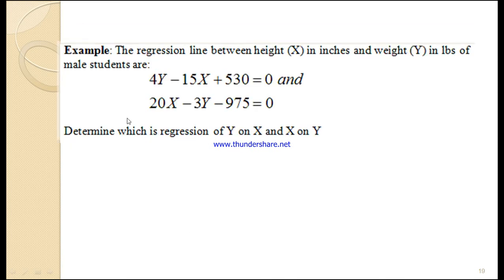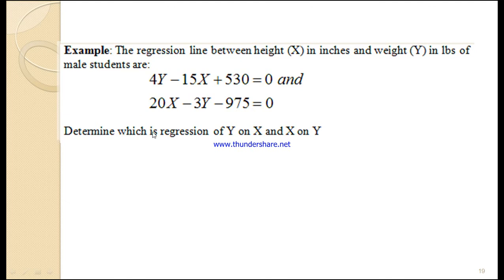Let us deal with one illustration in order to become familiar with the choice of dependent and independent variables. Assume the regression lines between age, denoted by x, and weight, denoted by y, of male students are given as 4y minus 15x plus 530 is equal to 0, and 20x minus 3y minus 975 is equal to 0.